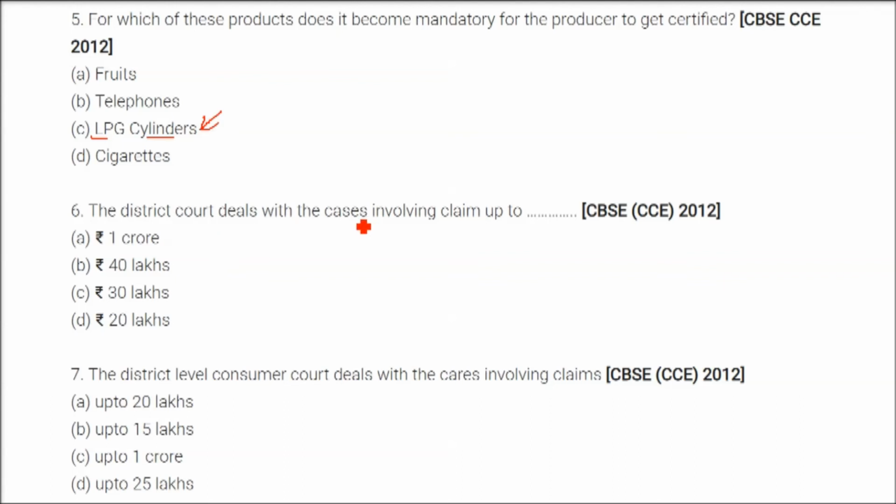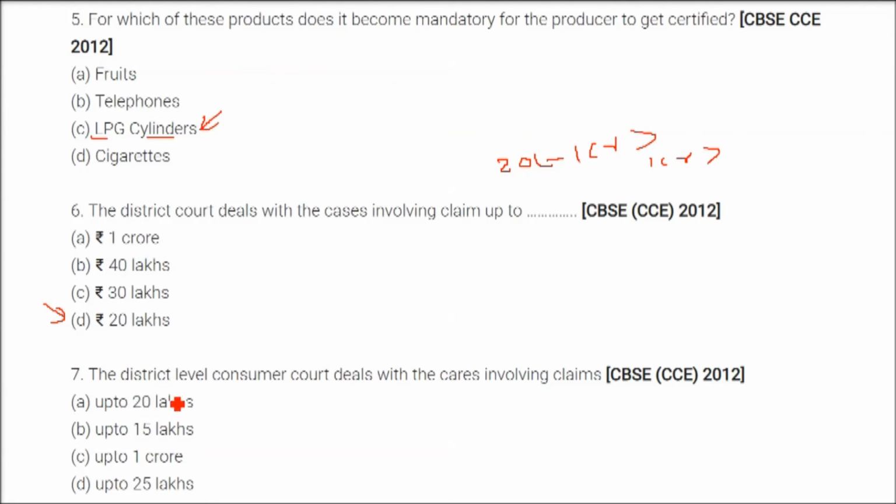The district court deals with cases involving claims up to, and here the answer is 20 lakhs. So 20 lakhs and below, it's district. Between 20 lakh and 1 crore, that is taken up at the state level, and all above 1 crore at the Rashtriya or national level.